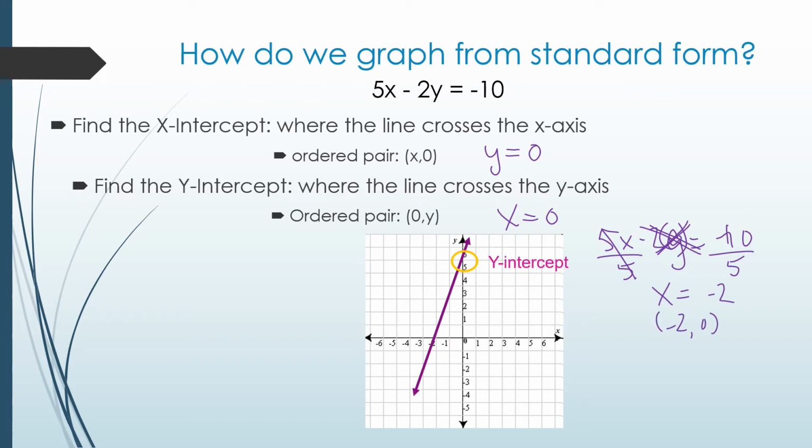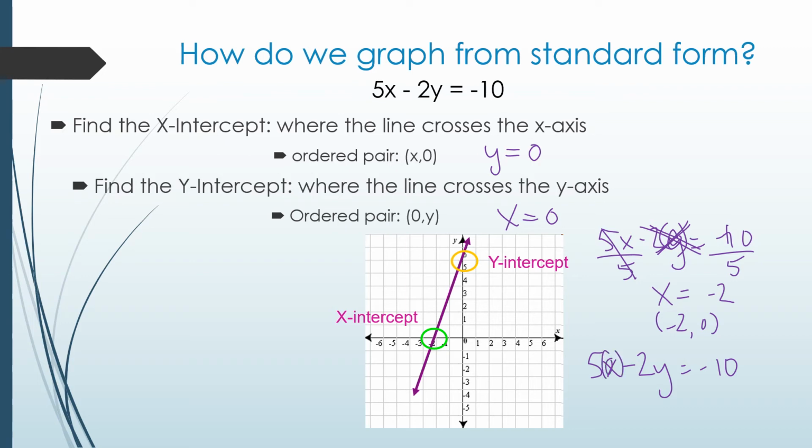So you can see here that my x-intercept on the graph is at negative 2, 0 right here, circled in green. My y-intercept then is the opposite. I take 5x minus 2y equals negative 10, and this time, if I'm looking for the y value, that means that the x is 0.